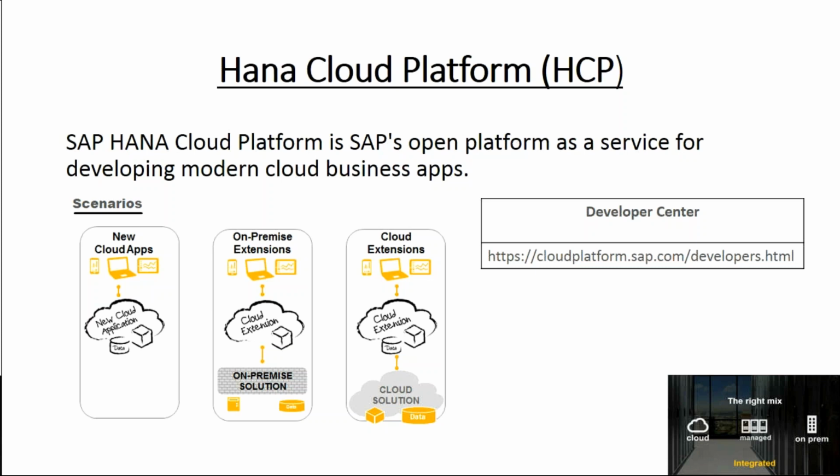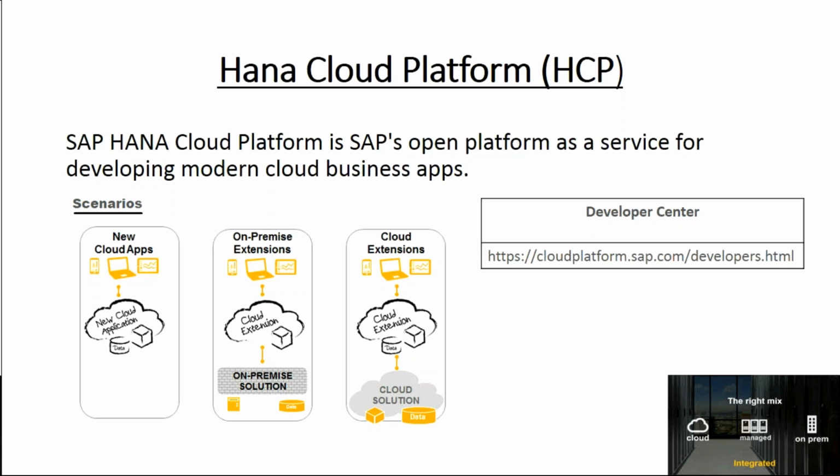Second scenario would be developing on-premises extensions. So what are on-premises extensions? Let's say you have a sales order on-premises, and you want to create an application which provides authorization for the customer to approve sales orders. Just a simple scenario.